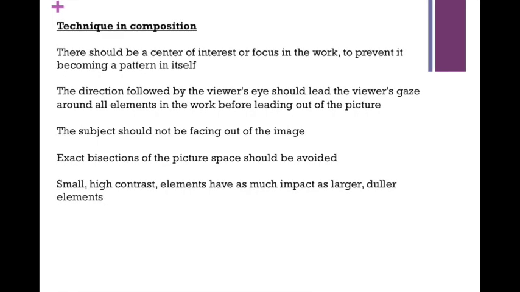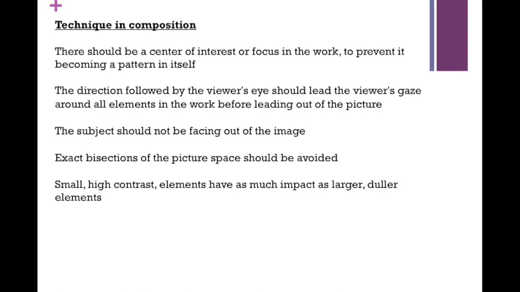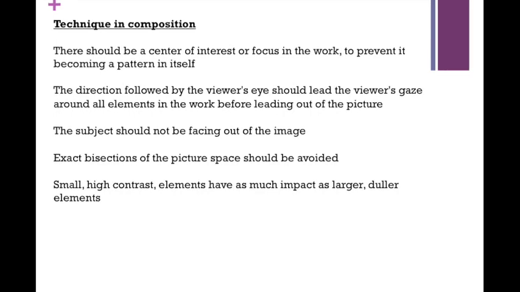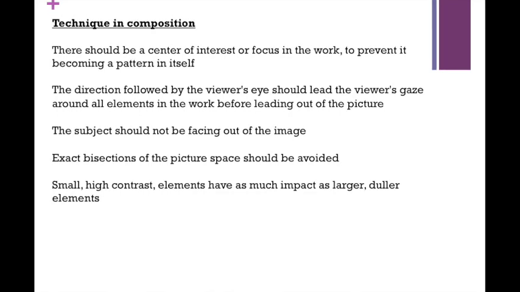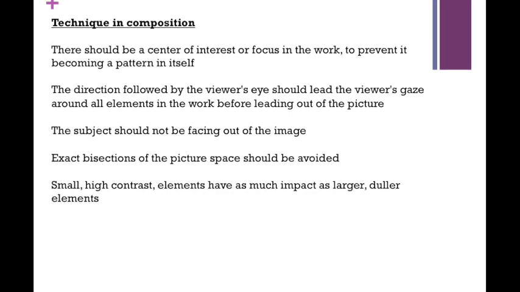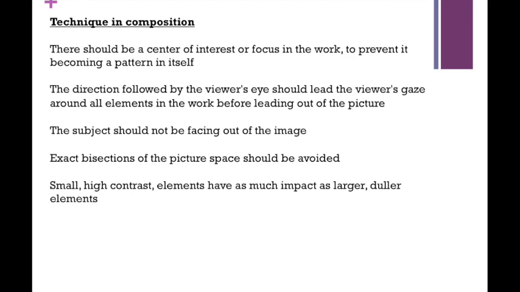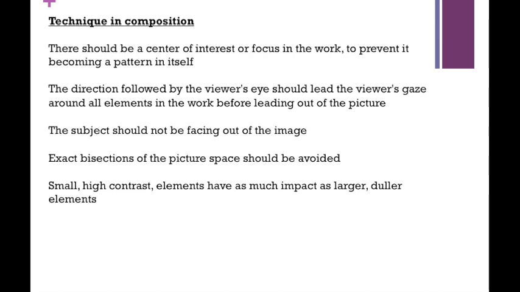Okay, the subject should not be facing out of the image. This means that normally when you create design characters, don't make them look to the front or to the camera, because when the characters look to the camera, it is more difficult to create the composition.